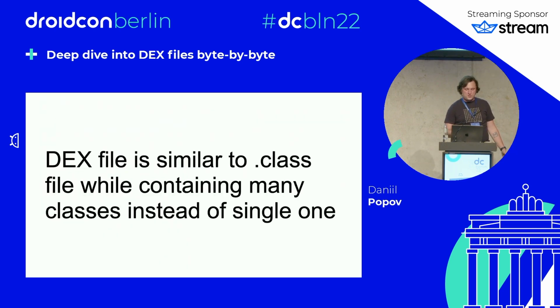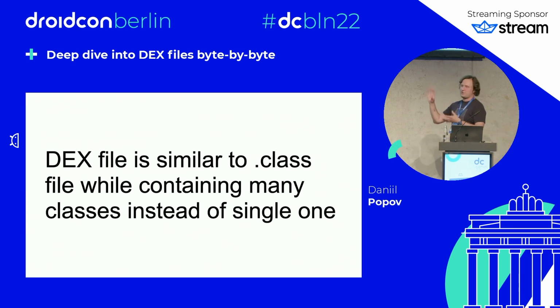So you might notice that a DEX file is similar to a class file. The difference is that it contains many classes, while a class file contains only one class. But it's still not the correct comparison because class files and DEX files are supposed to be used on different virtual machines, register-based and stack-based.